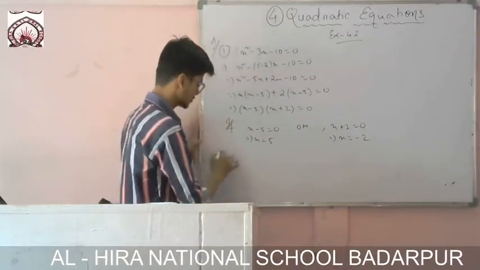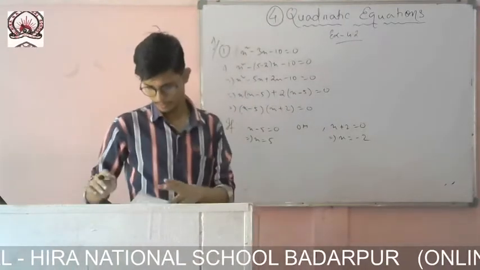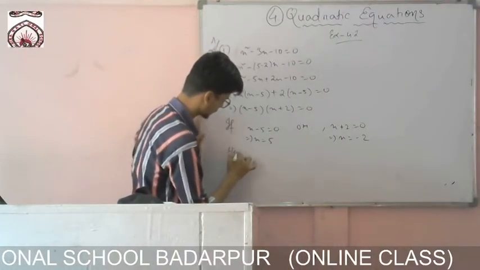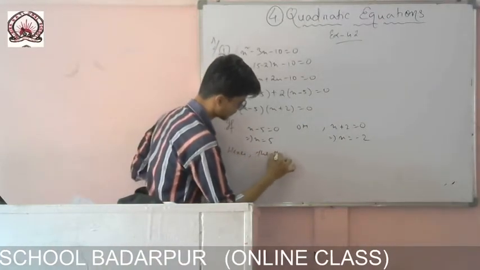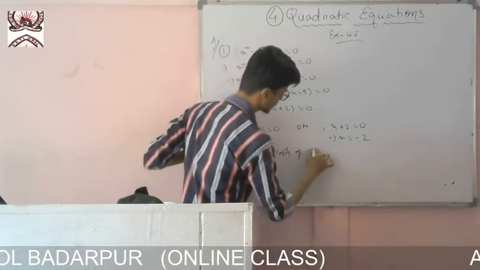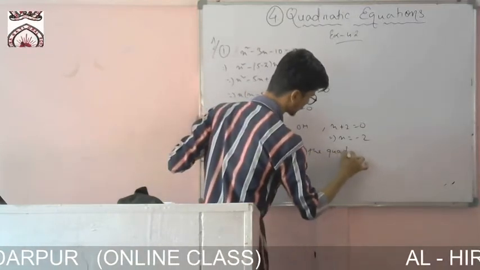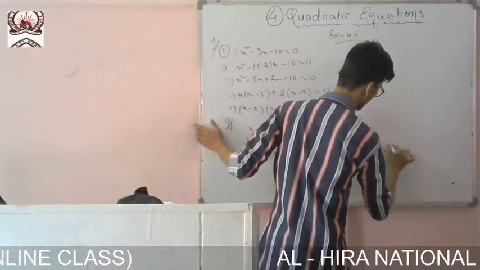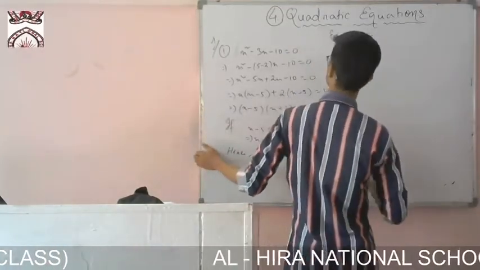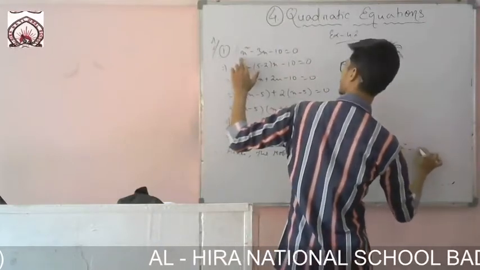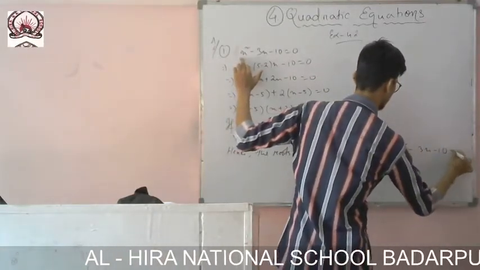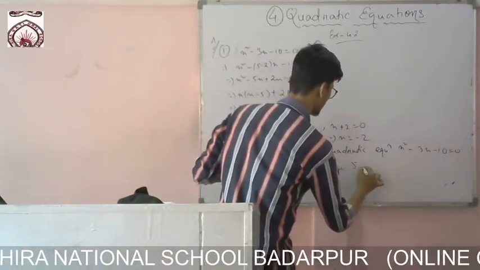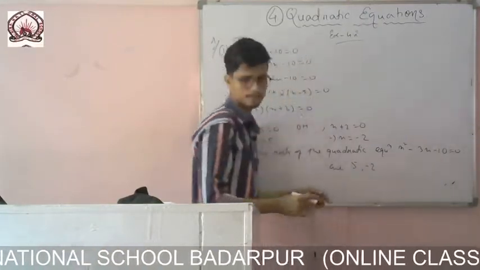Okay, so now hence the roots of the quadratic equation x square minus 3x minus 10 equals to 0 are, what are the roots? 5 comma minus 2, or 5 and minus 2.